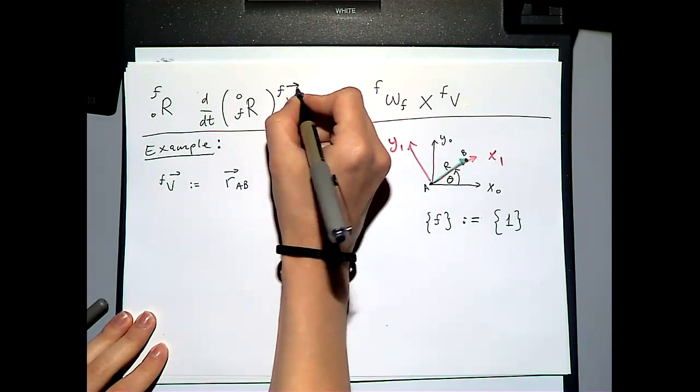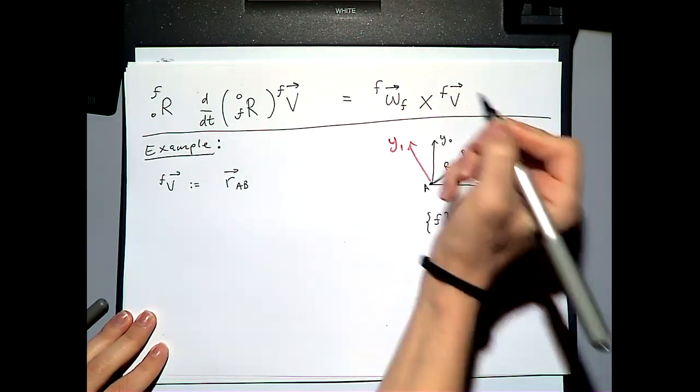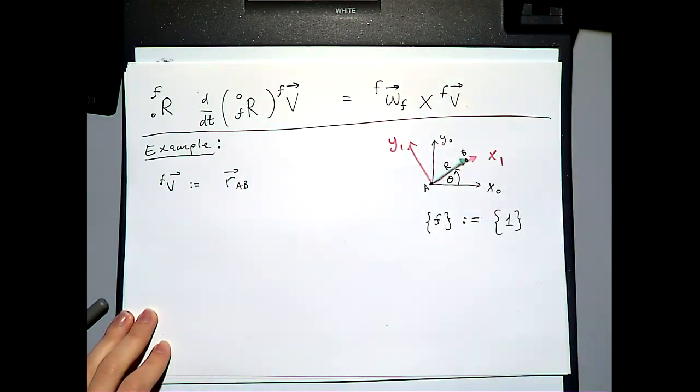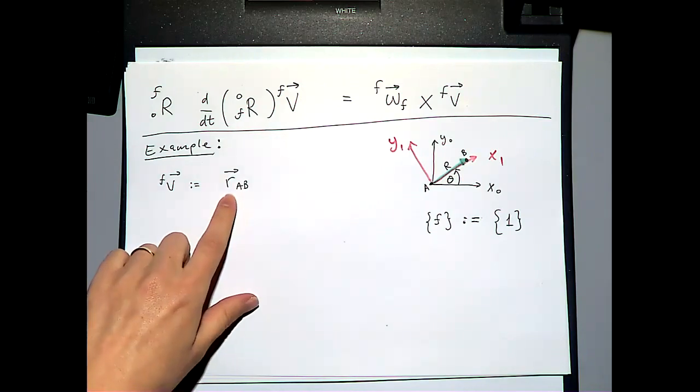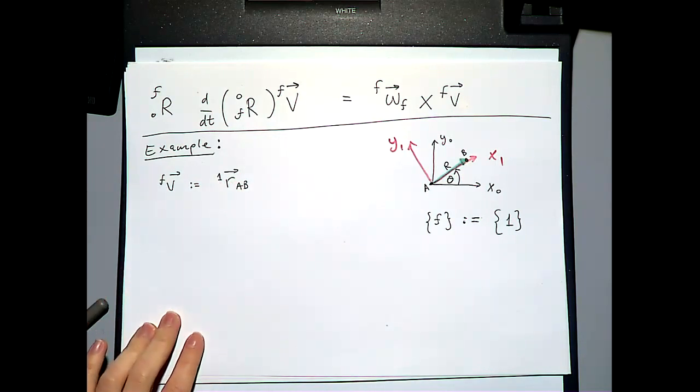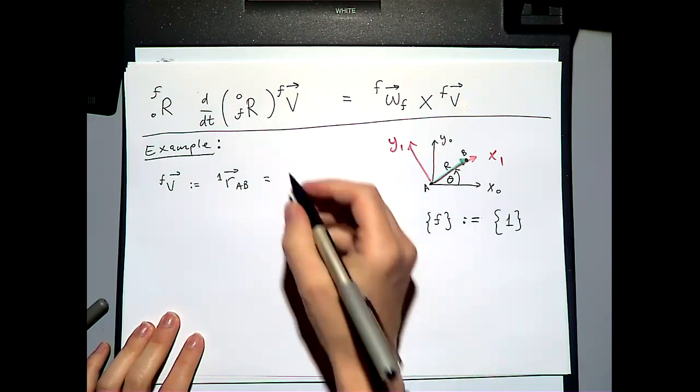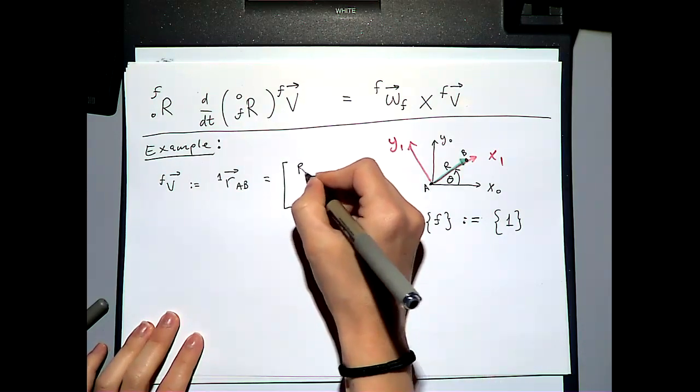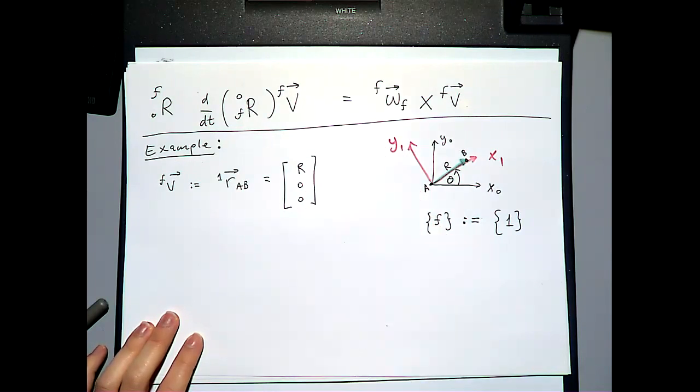I'll put this sign over the vector. So RAB in frame 1. Okay, and in frame 1, what is it equal to in its components? R, 0, 0, right?